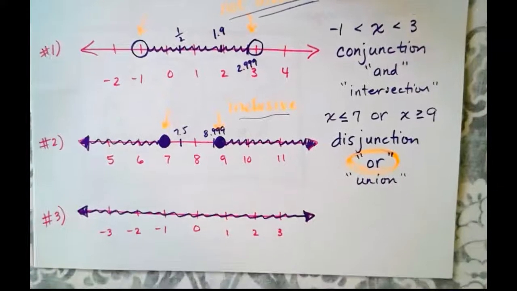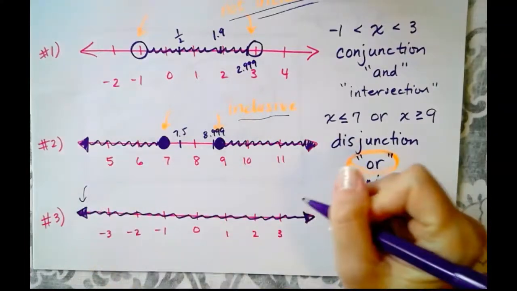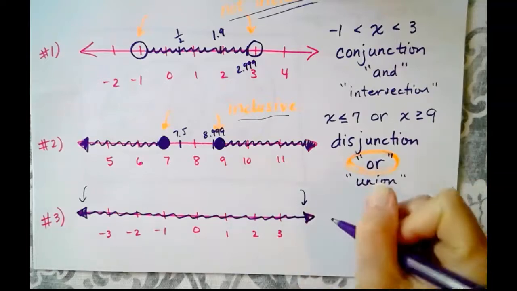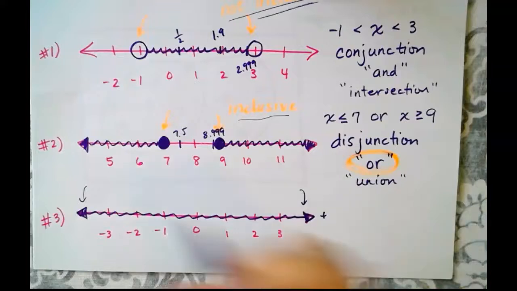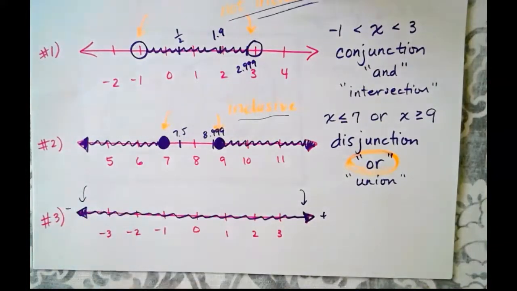So let's look at number 3. And in number 3, it's different from 1 and 2. Super easy to see here that every single number on the real number line is shaded in, including the 2 arrows on the end. If we shade the arrows, we're saying that it's going to infinity in the positive direction and that it's going to infinity in the negative direction.